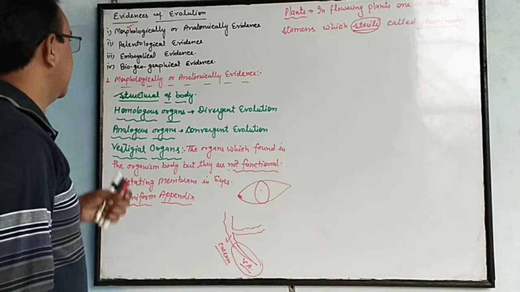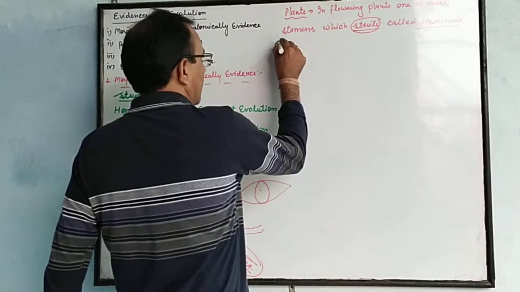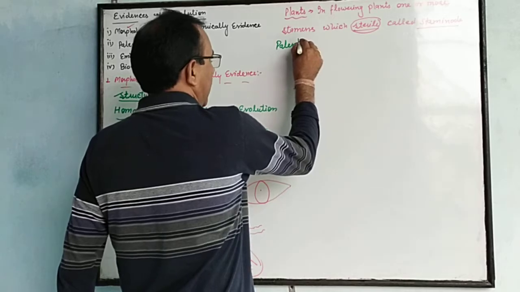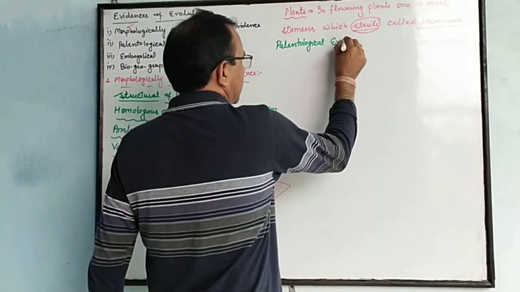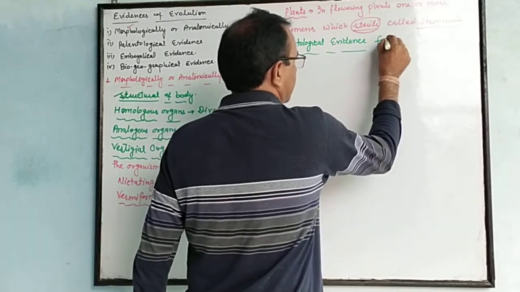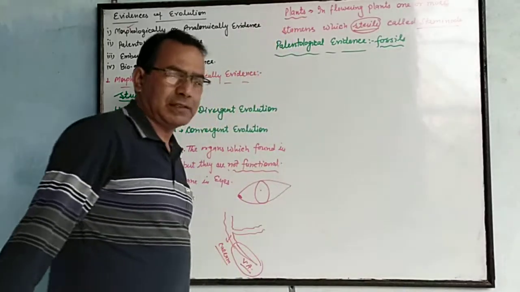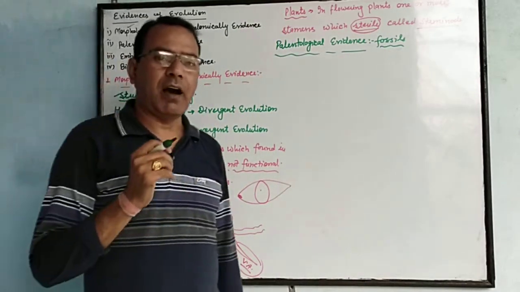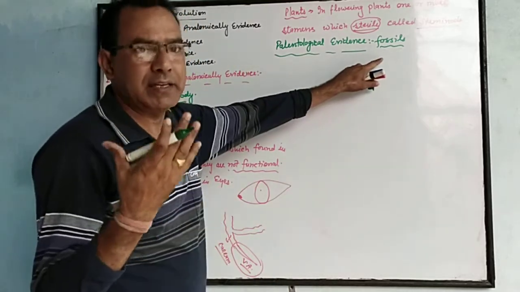The next evidence is paleontological evidence. This evidence is based on fossils. Fossils are the dead and hard parts of plants as well as animals.